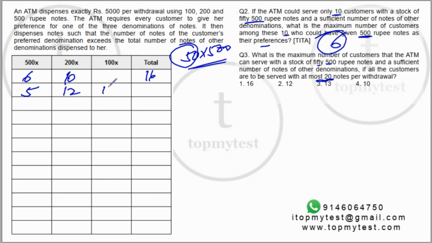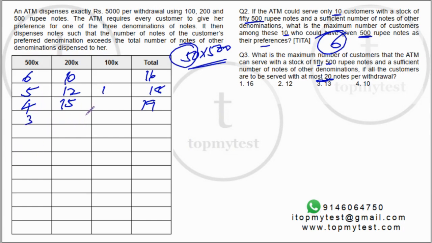That's 17, 18 notes. This is also possible. If I take 4, I can do 2000. This will be 2000, right? So I can do 15. So this will be 19 notes, right? So with 19 notes I can do.